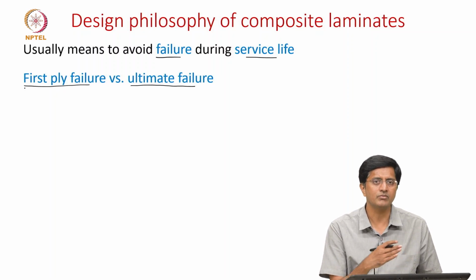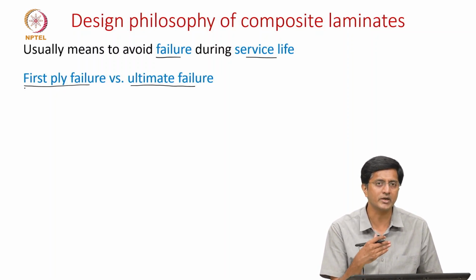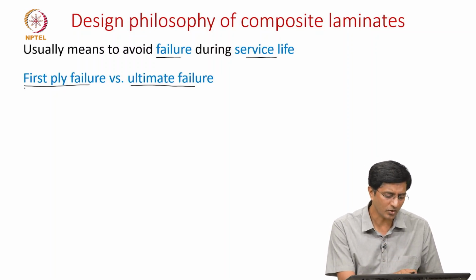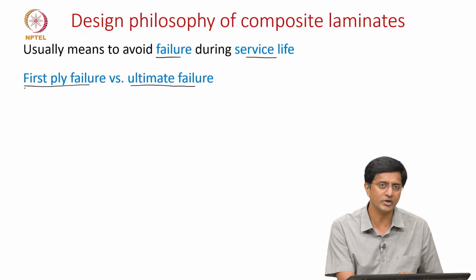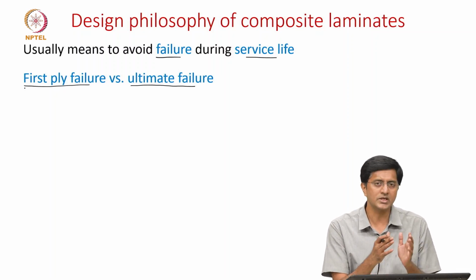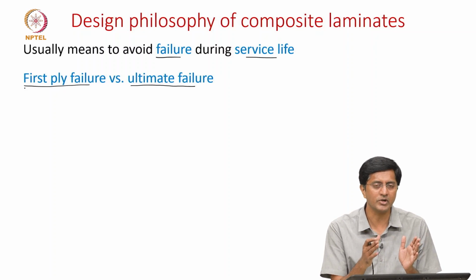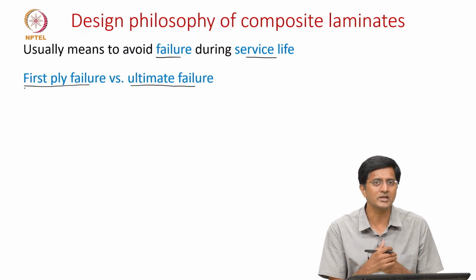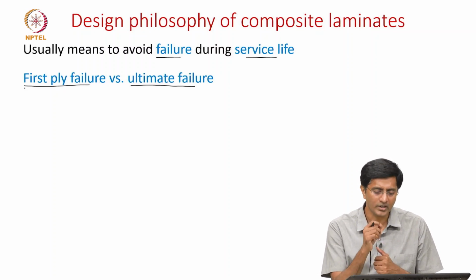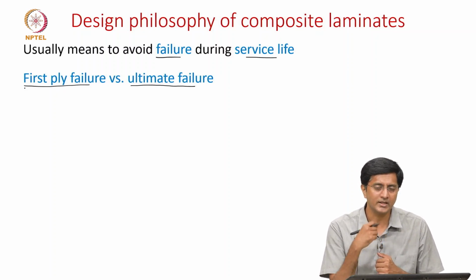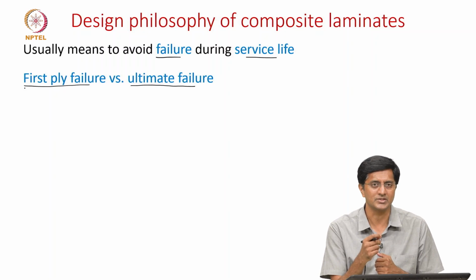But now that more and more research has been done on composites and there is a better understanding, there are a few applications where people are also going by the ultimate failure, meaning since there is a gap between the first ply failure and the ultimate failure, there is a time within which, if the maintenance is well planned, one can identify the damage and then come up with some repair mechanisms.